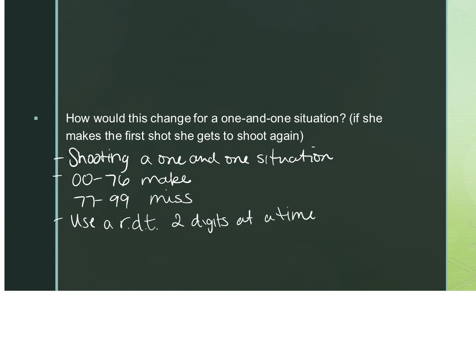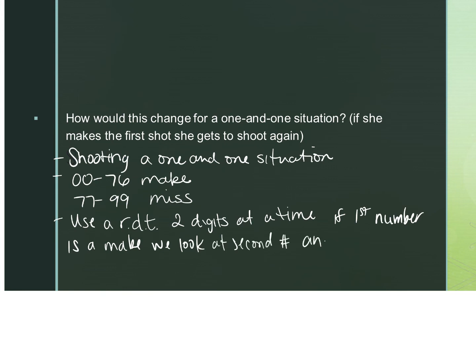It's so important when you do this homework to not skip the things that are important to say, because you then forget what you're supposed to say when it comes time to the quiz and the test. You have to say you're using the random digit table and how many digits at a time. And then what are you going to do? If the first number is a make, we look at the second number and count points.